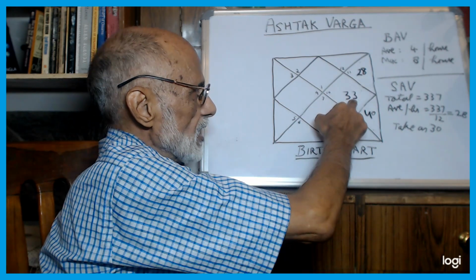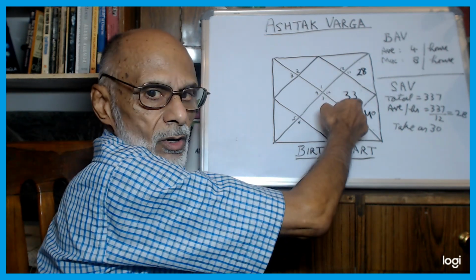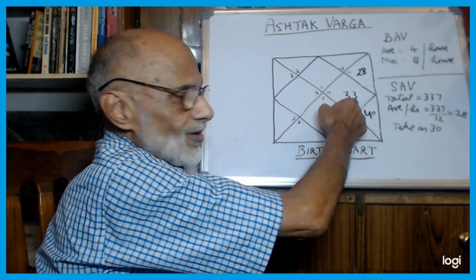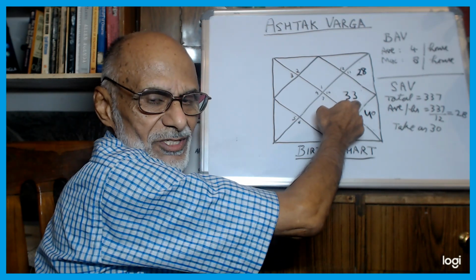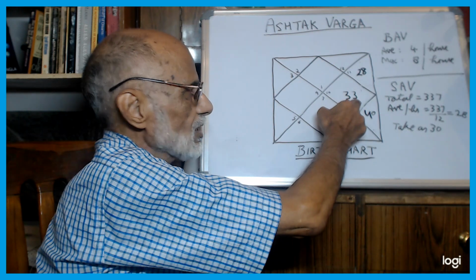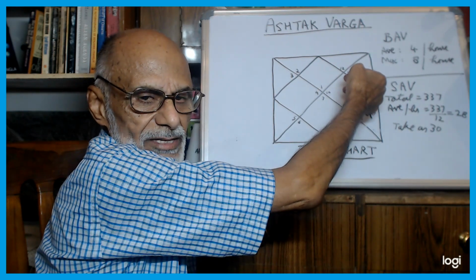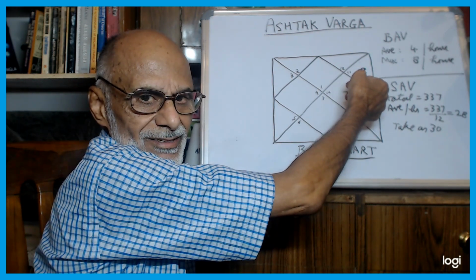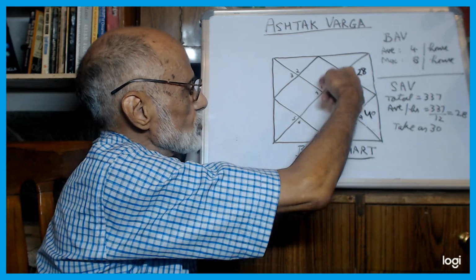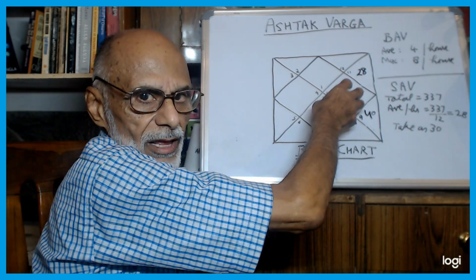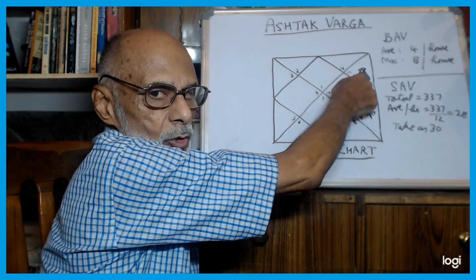So the native has to concentrate more on taking decisions in this house of actions. A slight mistake will cause lesser chance of success, and the whole chart needs to be analyzed why the points are low here.